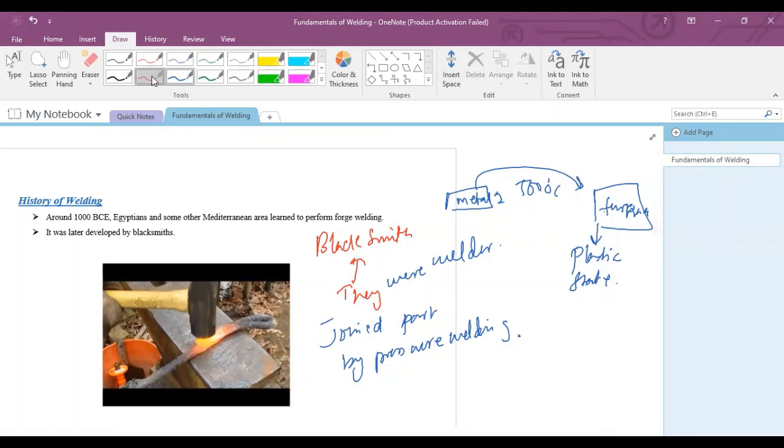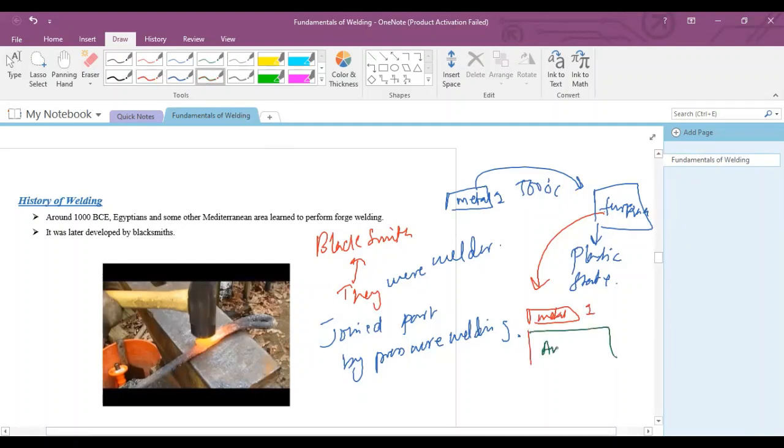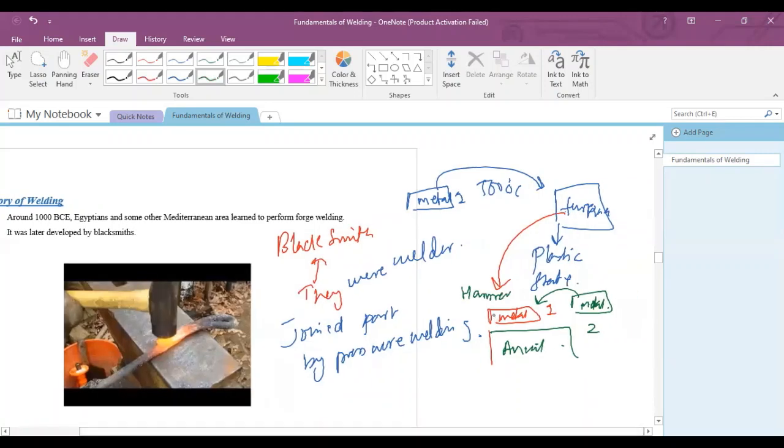After that, they took this part out of the furnace and placed it on the table, and this table is called the anvil. They had another part, part two, and they used to join these two parts together with the help of a hammer.